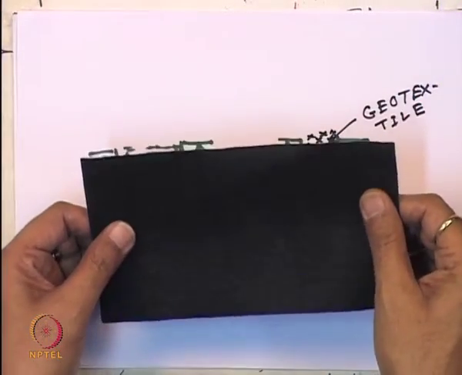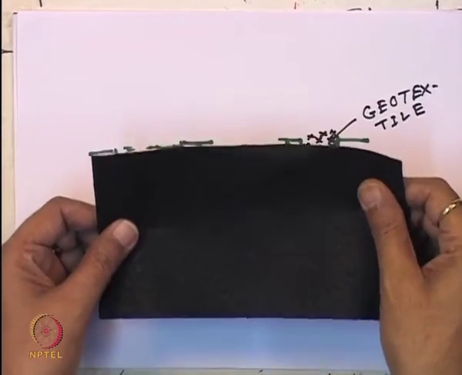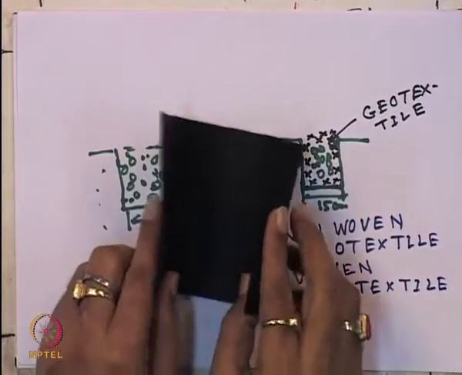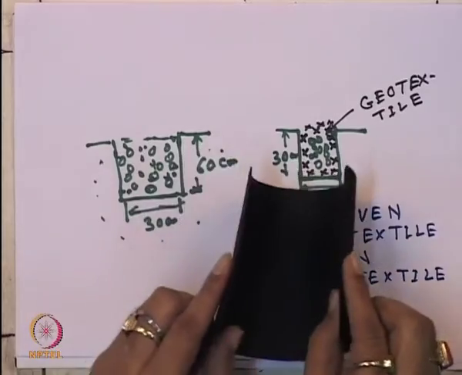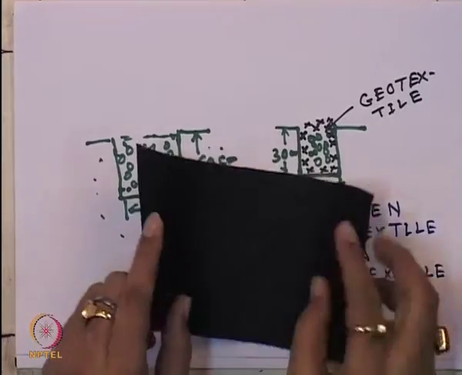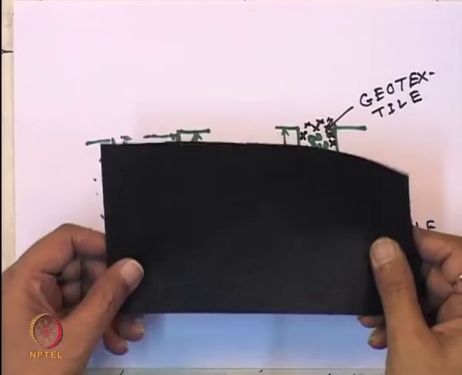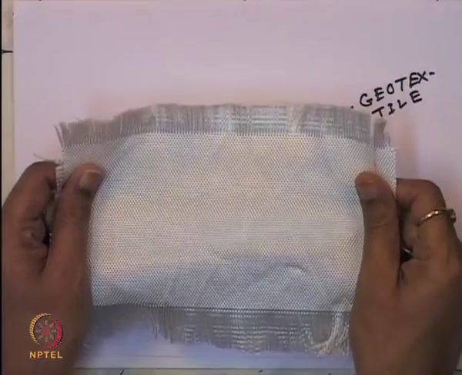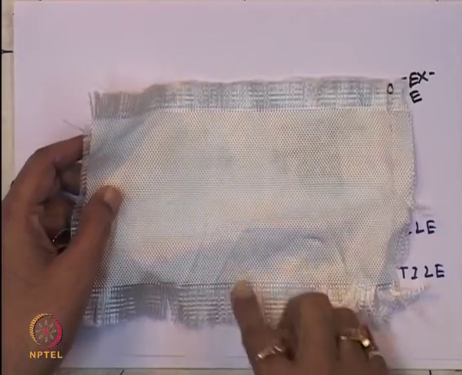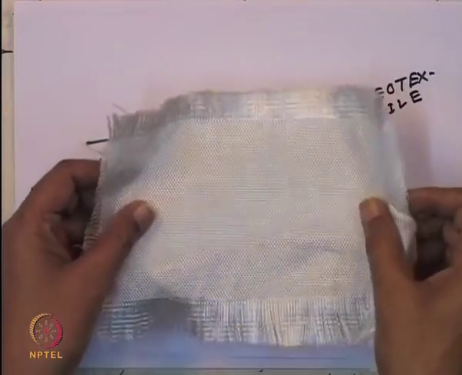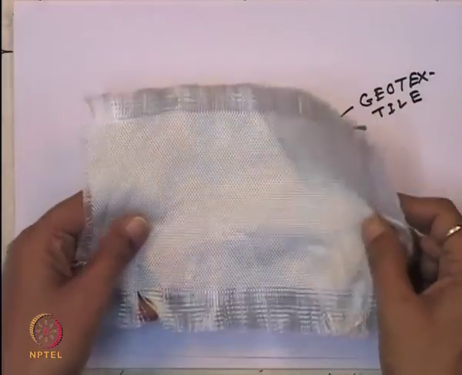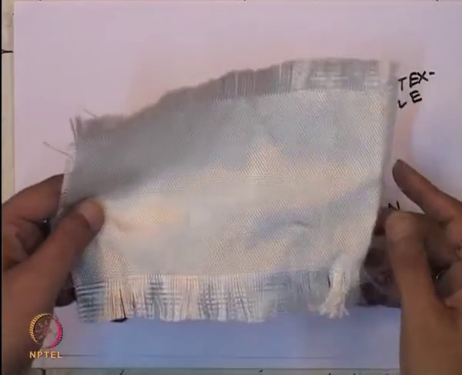This is the kind of non-woven geotextile material. The filament is very random. So, you can wrap it, it is very flexible, you can wrap it in any direction and fill it with the aggregate. So, you can use this non-woven geotextile material, or you can use this woven geotextile material in which the filaments are perpendicular to each other. So, this kind of woven and non-woven geotextile material can be used.